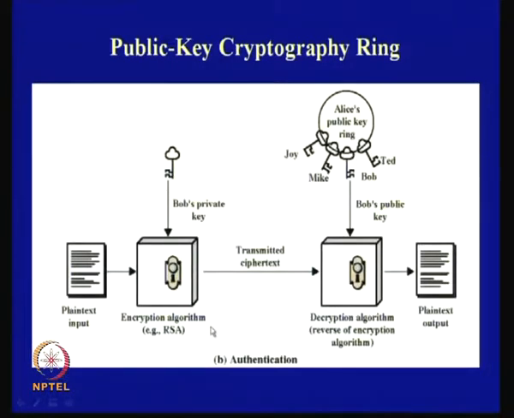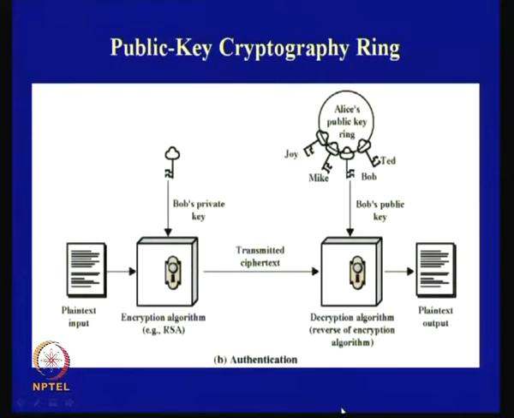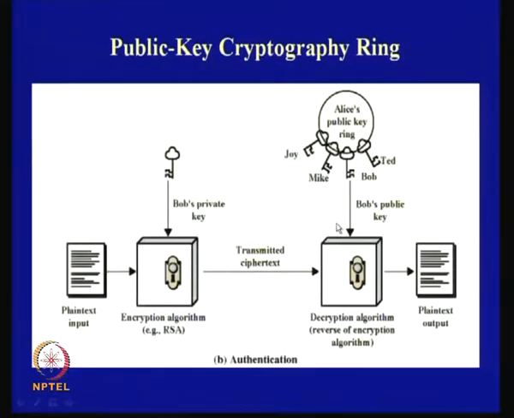So, you see that both these essentially use the same public key cryptography ring, but the point to be noted here is that when you are using it for encryption and when you are using it for authentication, the public key ring is in the first case present in the sender's part, and in the second case it is present in the receiver's part. Okay. So, that is a small thing which is to be kept in mind.